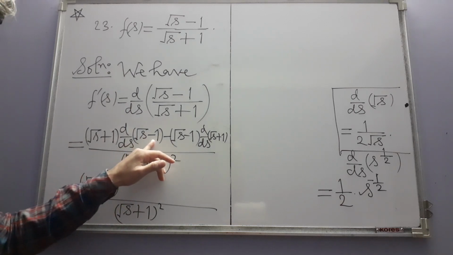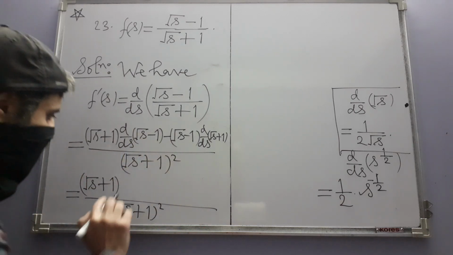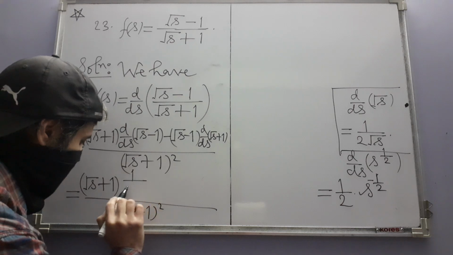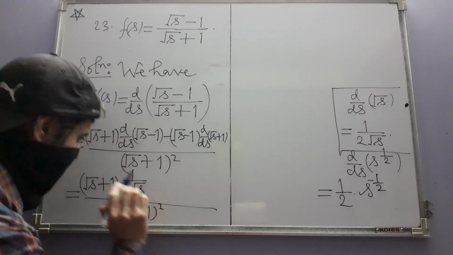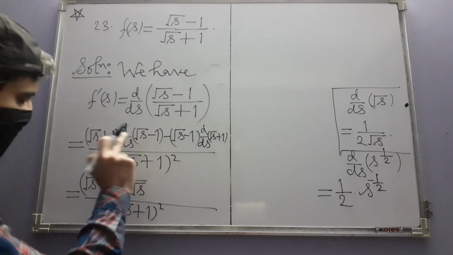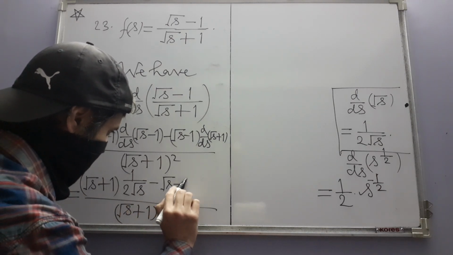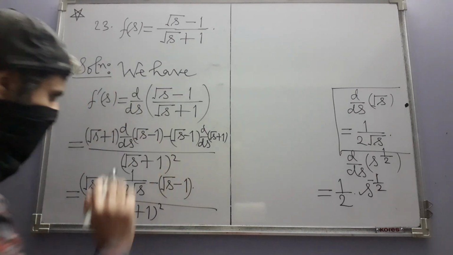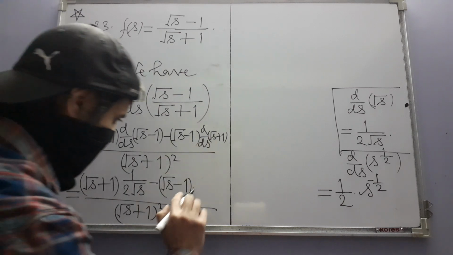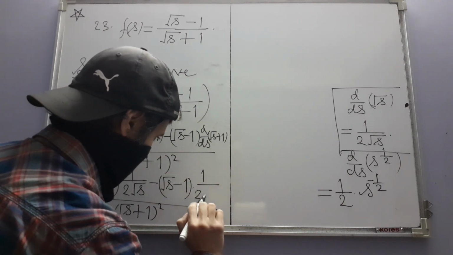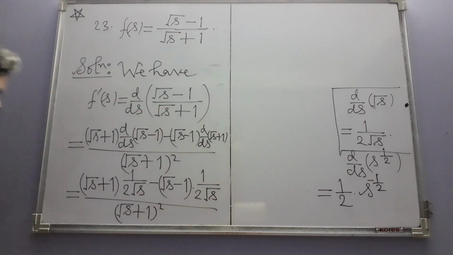Minus 1 when differentiated, of course, will give us 0. So here you have 1 divided by 2 root s, which is coming from this one, minus root s minus 1 times, again from this one also, we are going to get just that.